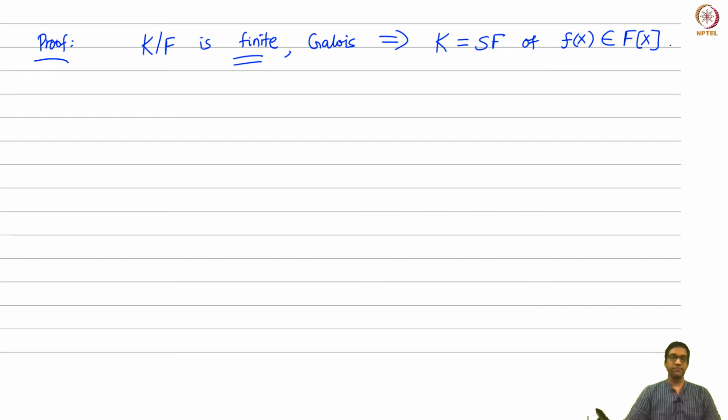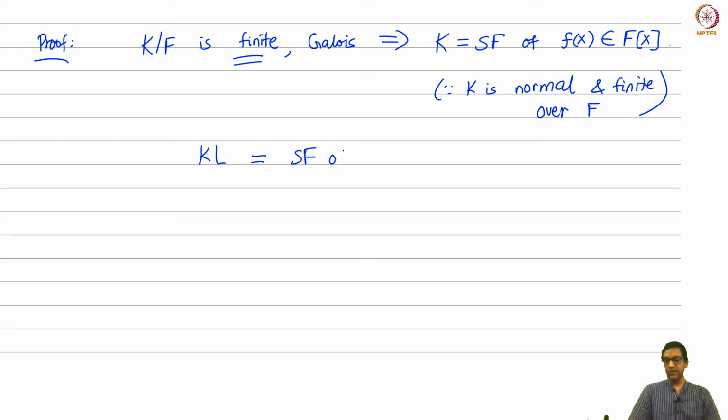This is just from normality and finiteness, since K is normal over F and finite over F. Okay, and now we just saw that KL is nothing but the splitting field of the same polynomial but over the field L. So if you think of f(x) as an element of L[x], then KL is the splitting field of f over L. Which means again by the same token, KL over L is normal, and of course everything here is a subfield of C, so its characteristic is 0, therefore it is Galois.